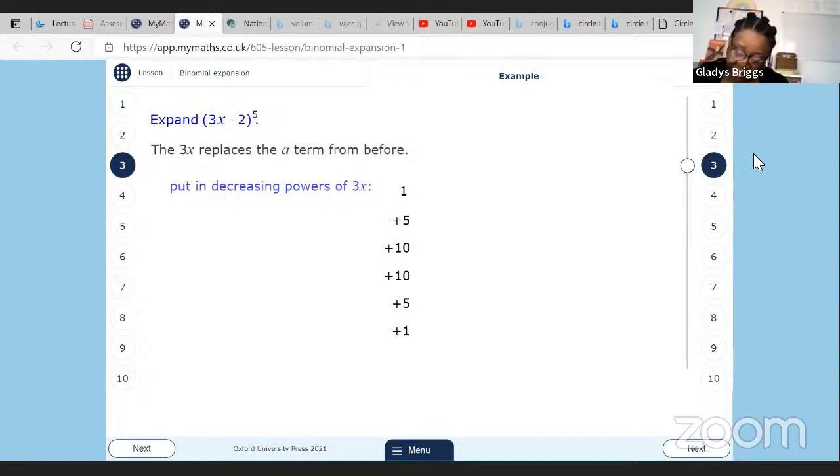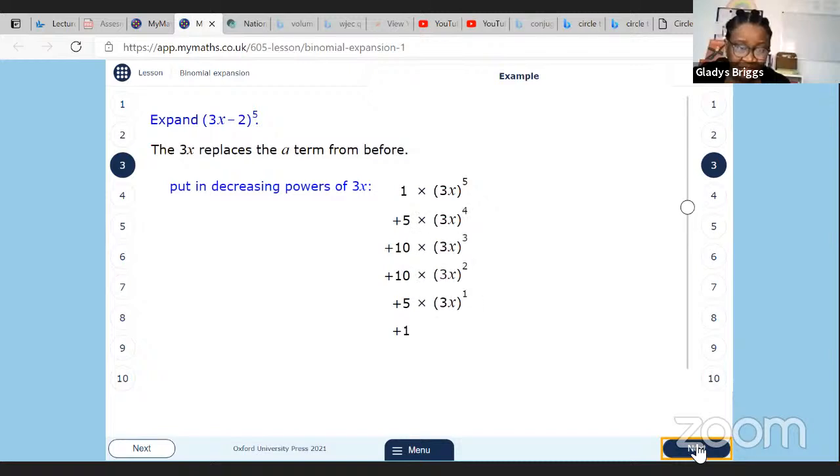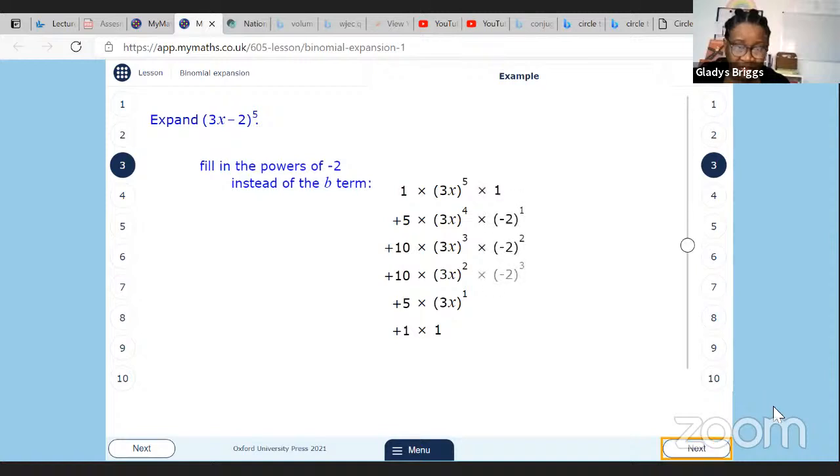And then we'll have the other one going up. So here it will be negative 2 to the power of, let me see. Yep, so we have negative 2 to the power of 1, negative 2 to the power of 2, negative 2 to the power of 3, negative 2 to the power of 4, negative 2 to the power of 5, and negative 2 to the power of 6.